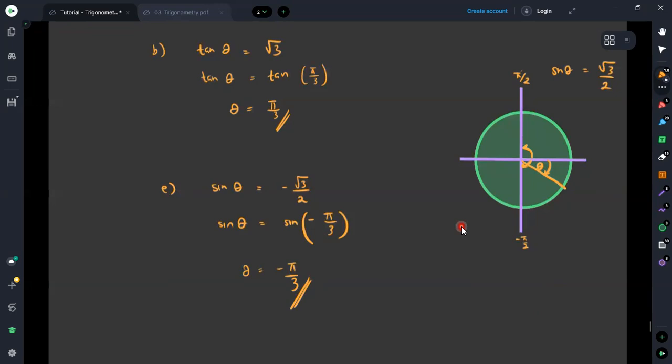According to the quadrant rule, we consider the sign, whether it is positive or negative. Since we had sine theta as minus root 3 over 2, first we have to identify the quadrant that the angle falls in. Thereafter, we can find the angle associated with theta.